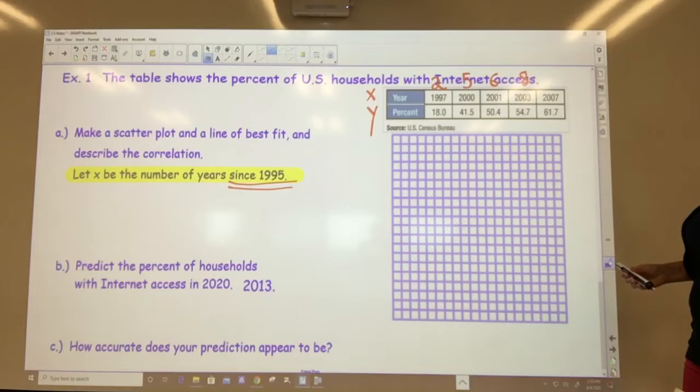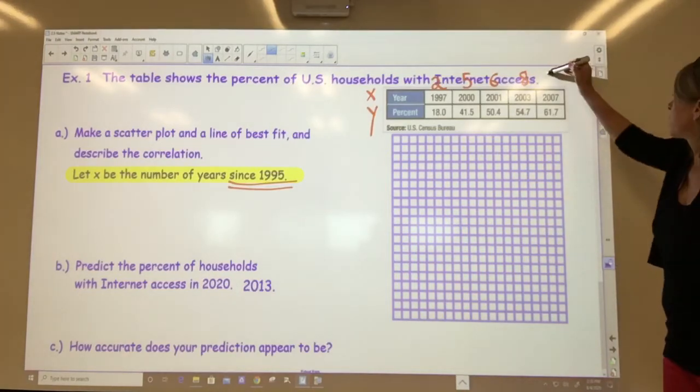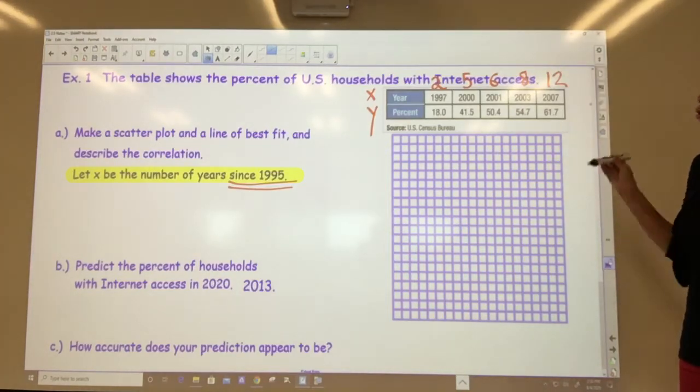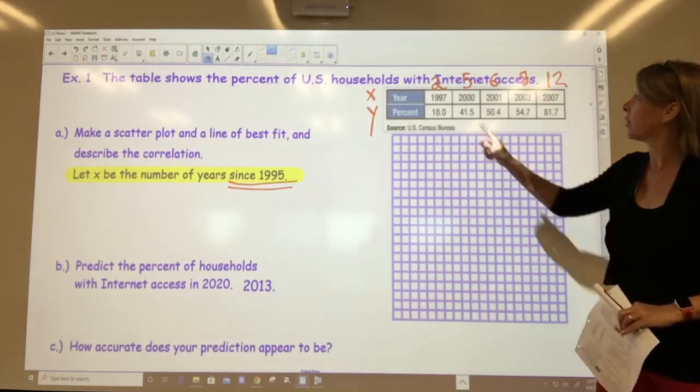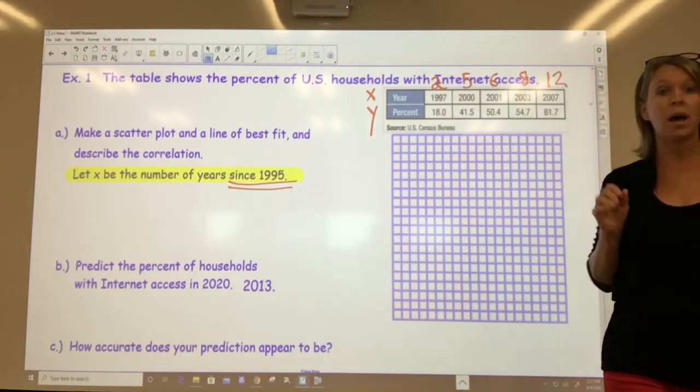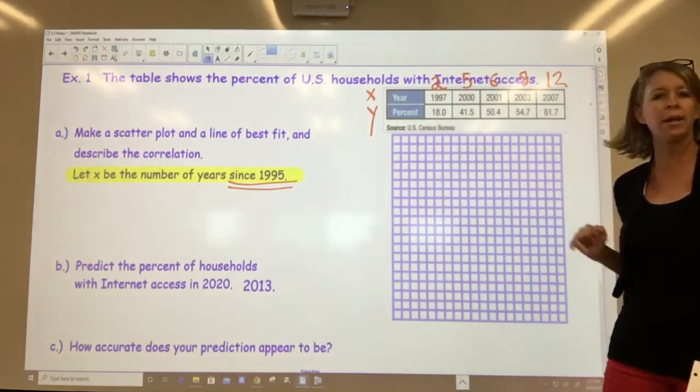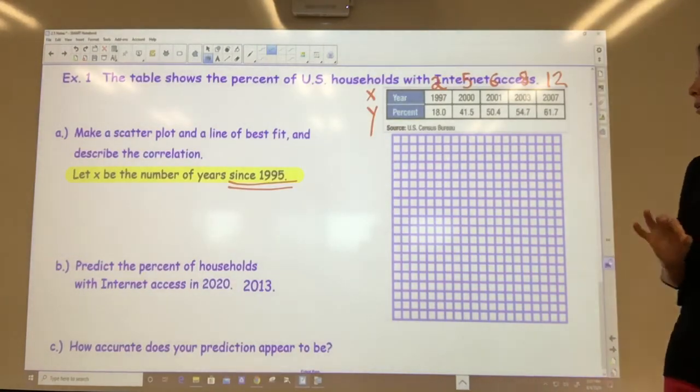And then we're at 2007, which looks like that would be 12 years. So when we type this into the calculator, we're going to use those digits as our X value and these percentages here as our Y value.